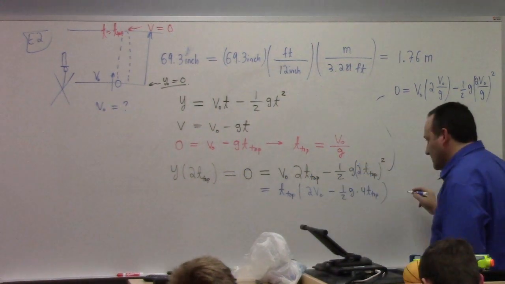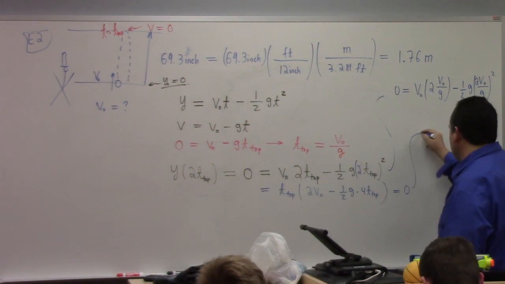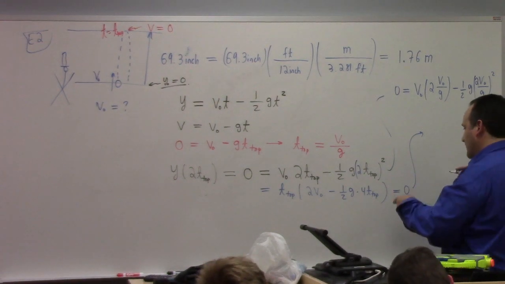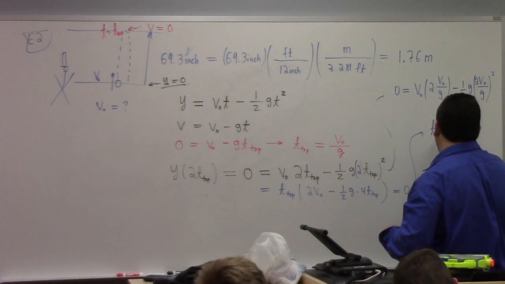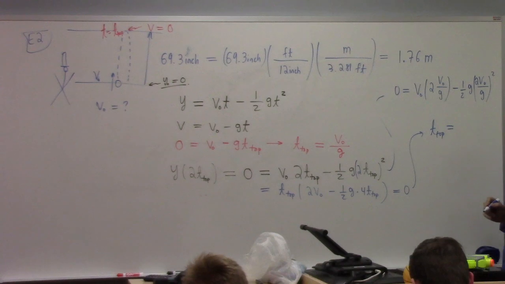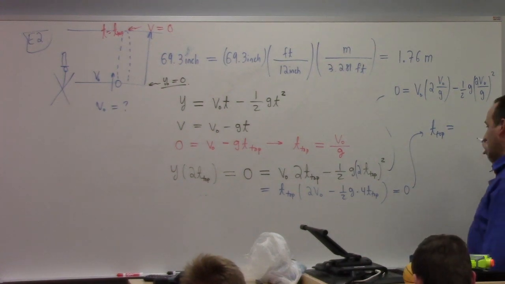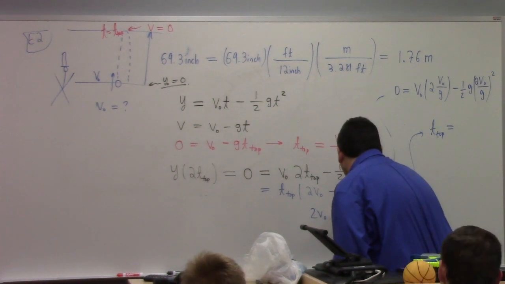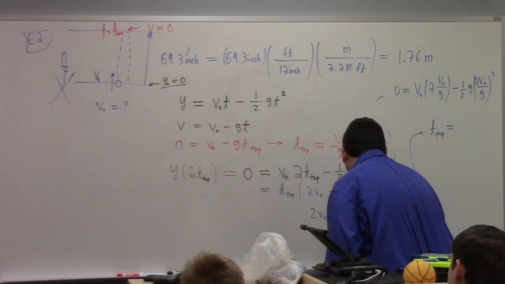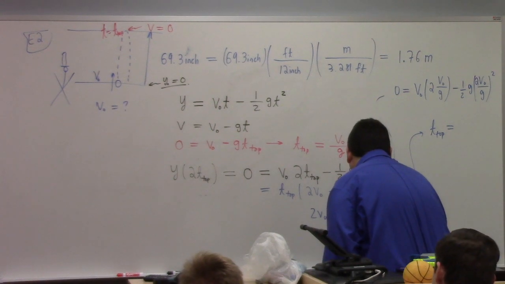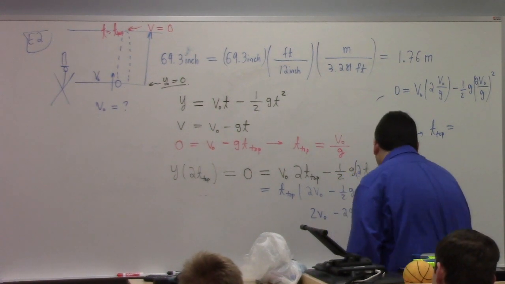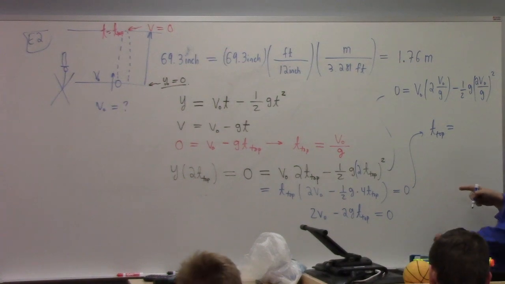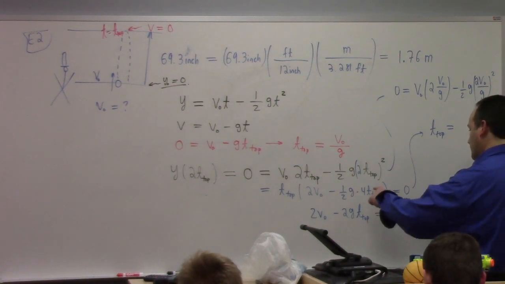Right here, so that's equal to 0, so that tells me what? Ttop is what? 2 v naught, let's see here. Let me clean this up. It says 2 v naught minus 2g Ttop, which if I solve that for Ttop, the 2's cancel, right?